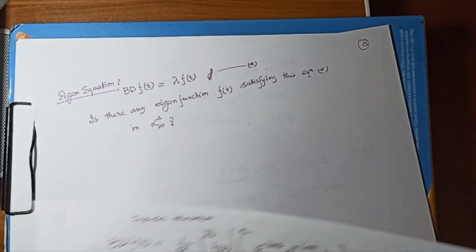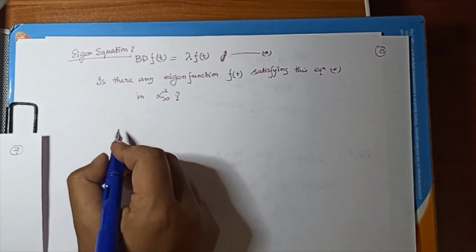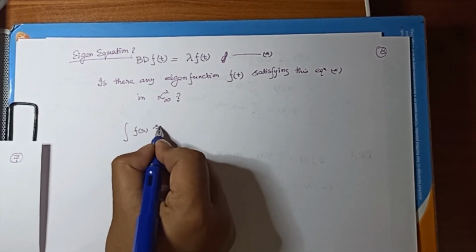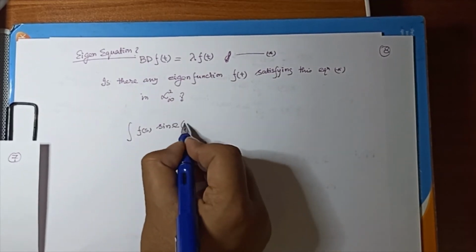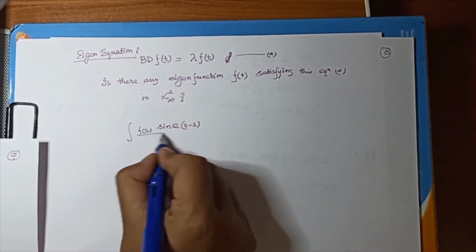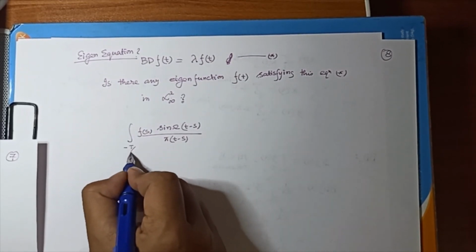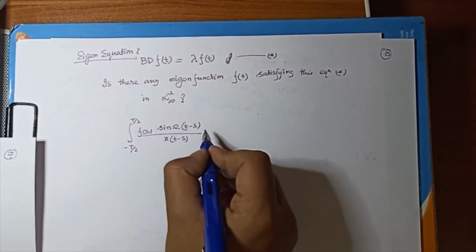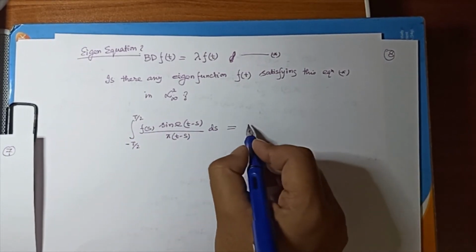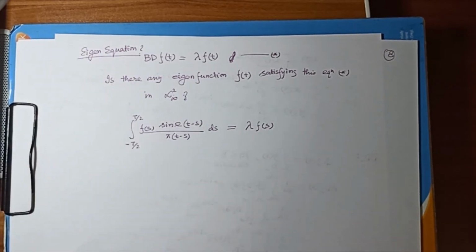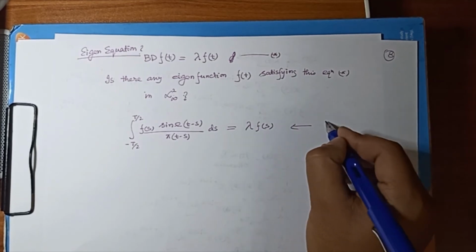If I write an eigenfunction in this way, that integral fs sine omega t minus s divided by pi t minus s between minus t by 2 to t by 2 ds is equal to lambda fs, and if I ask you for what value of fs this equation is satisfied, this is a particular kind of integral equation, right?